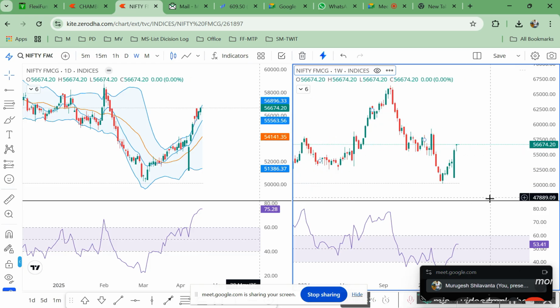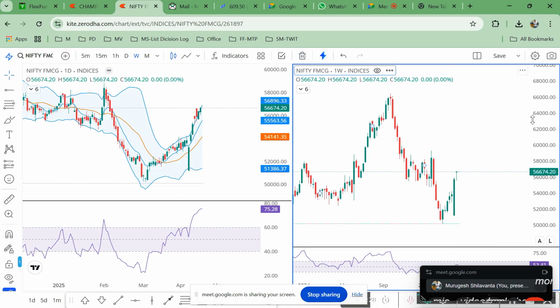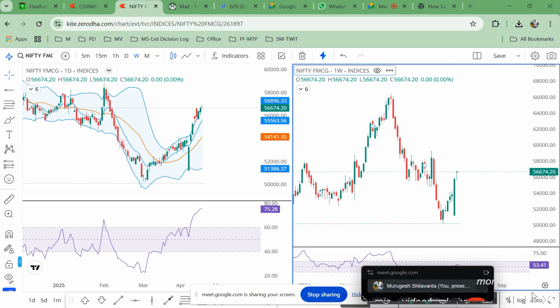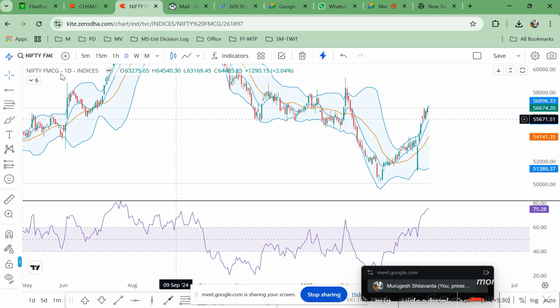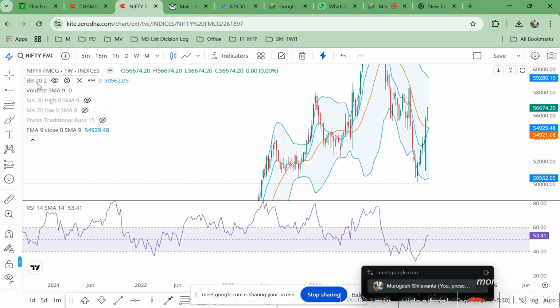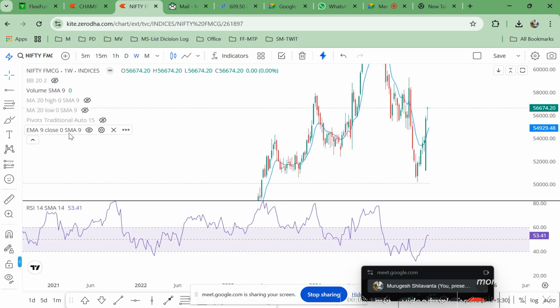One second. It looks like you drew something different. I didn't consider any resistance point or support point, or a horizontal line. I just marked the two trend lines.